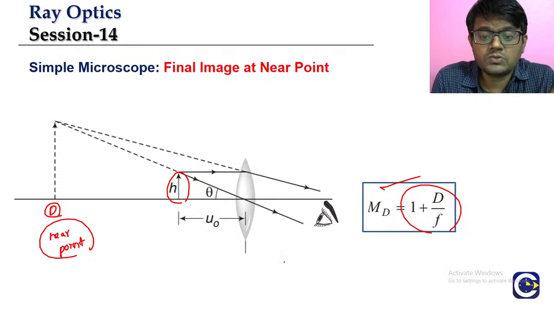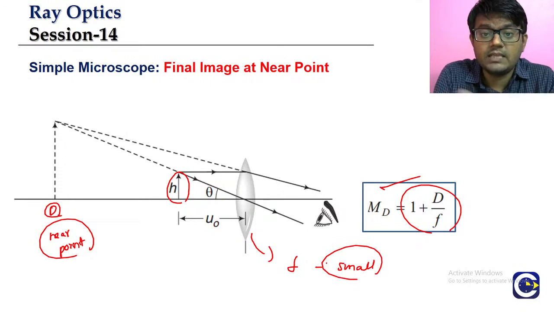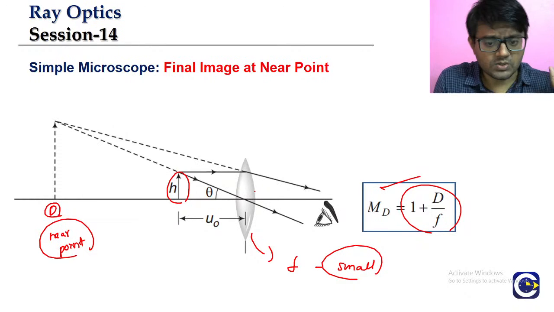And remember, for the simple microscope, the focal length value should be small. Why? Because in the magnification formula, the focal length is in the denominator. If the focal length is small, we can have a higher magnification, but the spherical or chromatic aberrations mean we will not be able to really achieve higher magnification values with the simple microscope, because we'll start getting aberrations.